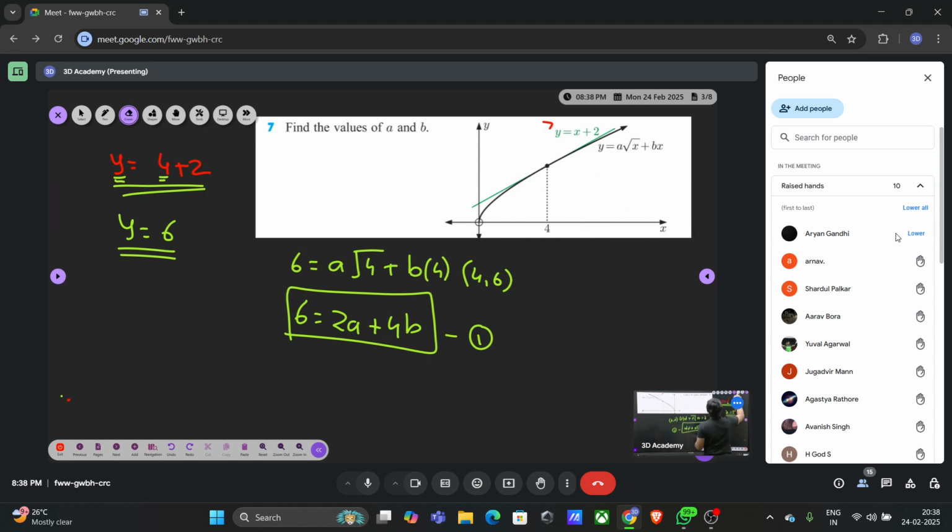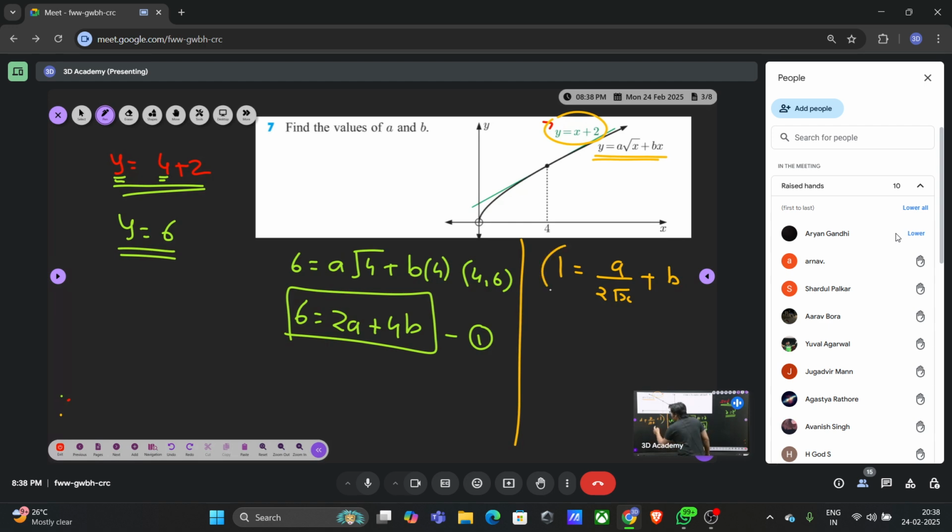What is the second point? I told you if they are sharing a common point, their differentiations will be equal, right? So the differentiation of this line is 1, because it is the gradient of the given tangent, right? And the differentiation of this curve is a upon 2 root x plus b, correct?